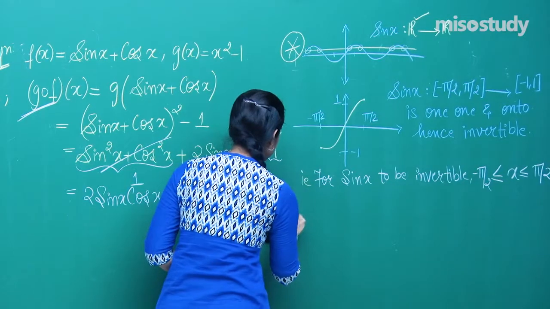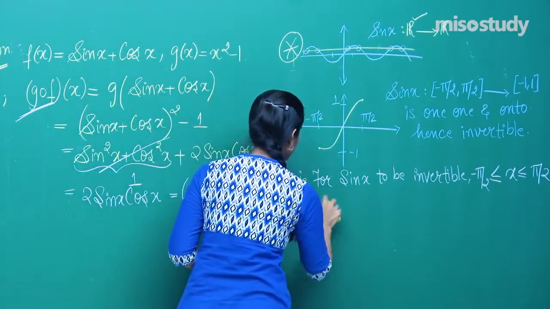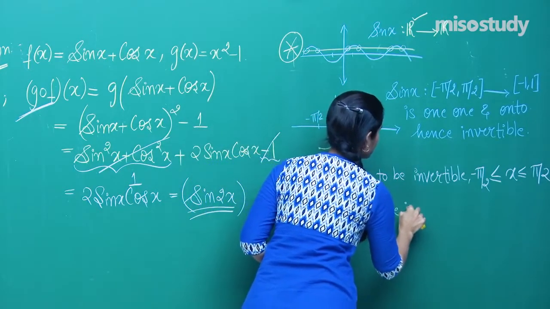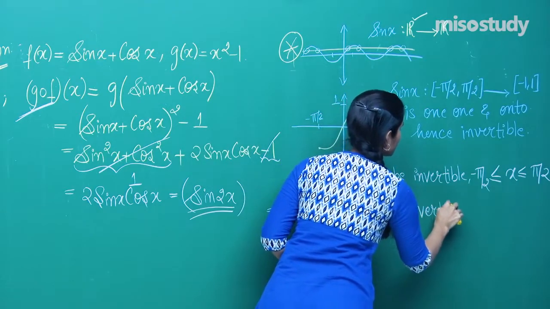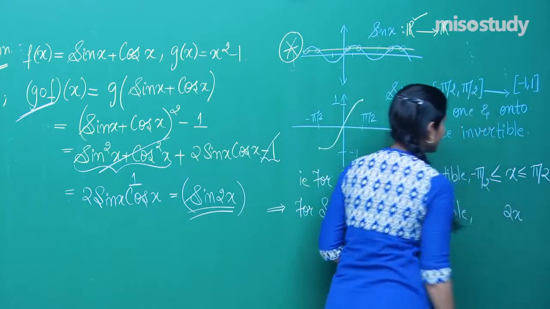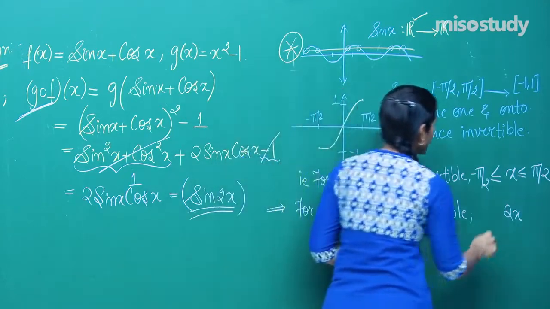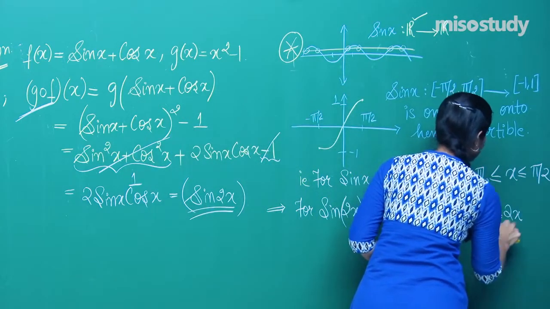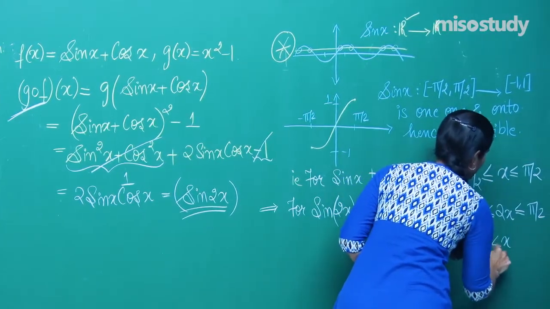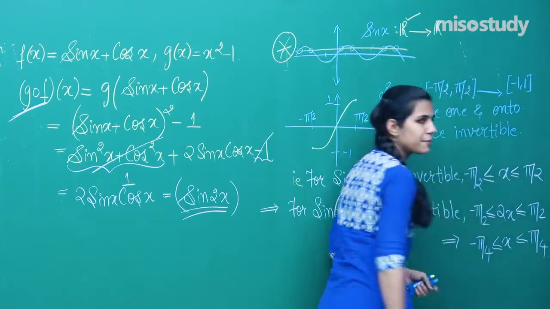So this implies for sine 2x to be invertible, the argument of sine function over here is acting as the input. So the input should come from minus pi by 2, pi by 2, or it implies x should come from minus pi by 4 to pi by 4.